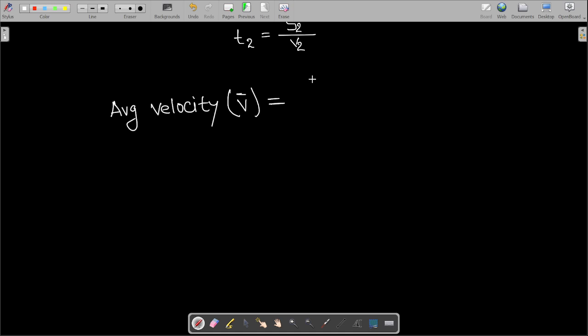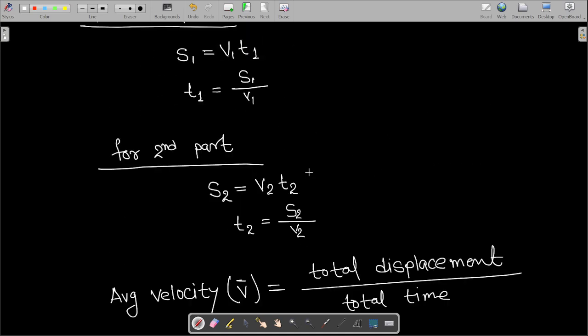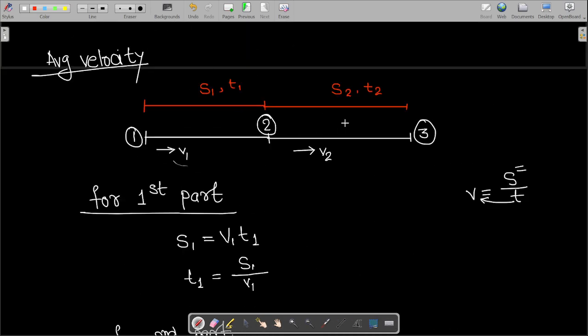What was the formula? Total displacement upon total time. Tell me here, what is the total displacement here?